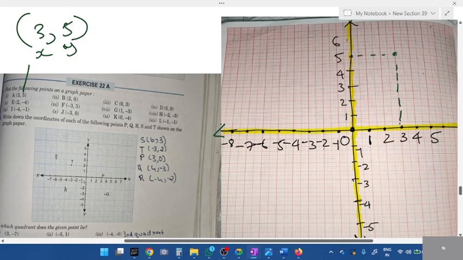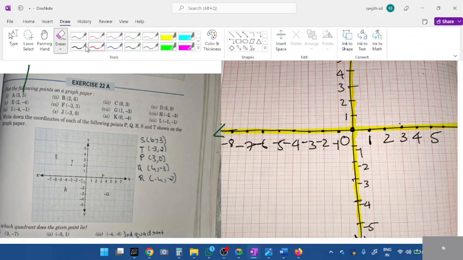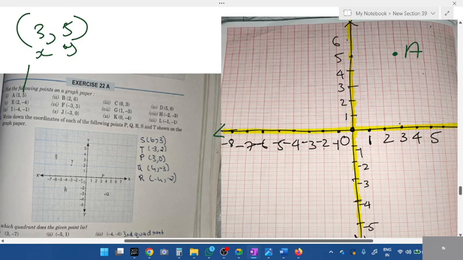The point lies here, A. These dotted lines are not required, don't draw them. You have to mark the point like this and name it 3 comma 5. Concentrate, you get one question for 3 marks. 3 comma 5 is the answer.